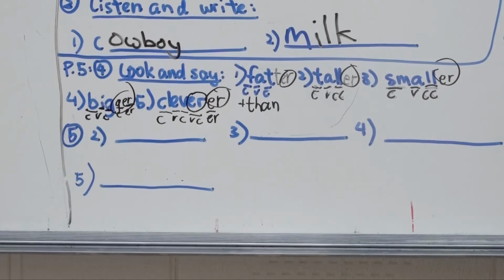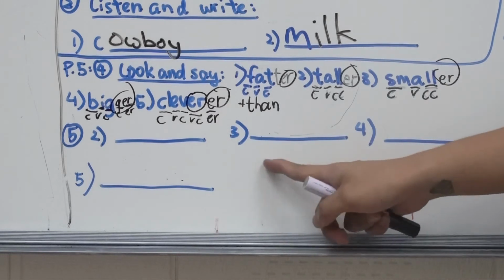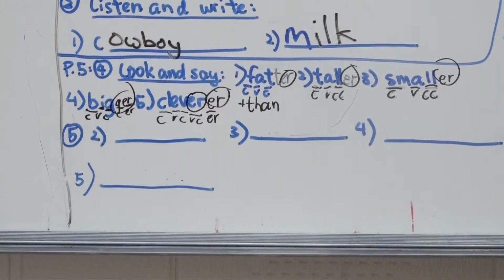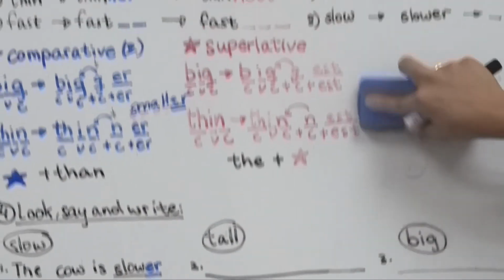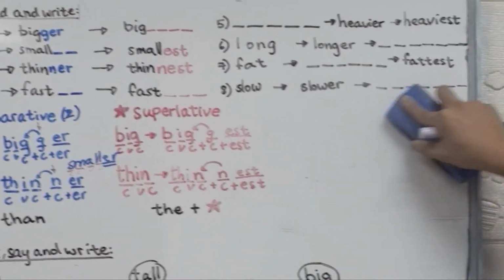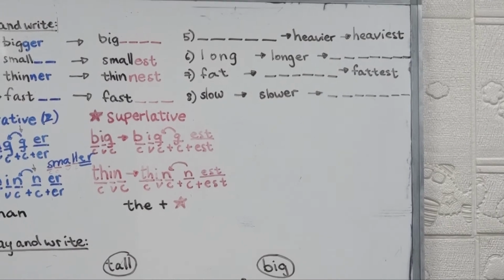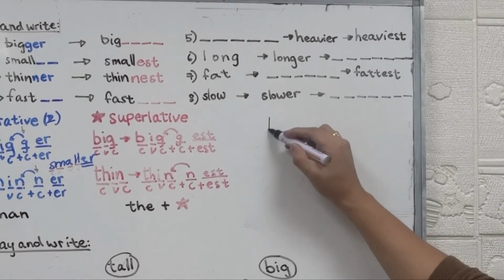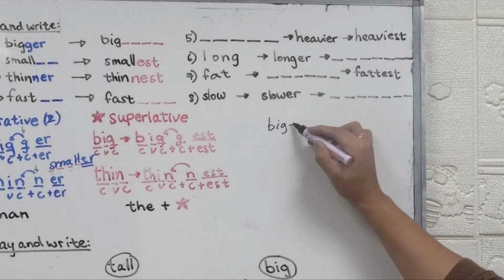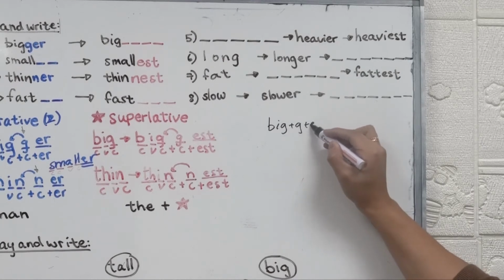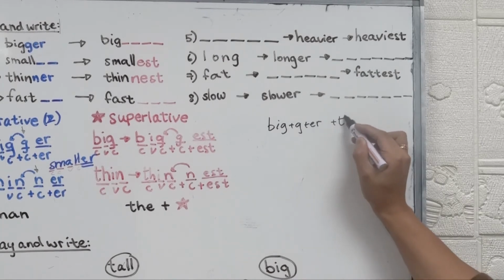Alright, so before we start doing part 5, let's go up again here, okay? Alright? So, we learned that the word like big, B-I-G, we have to put another G and then ER plus the word than, right?